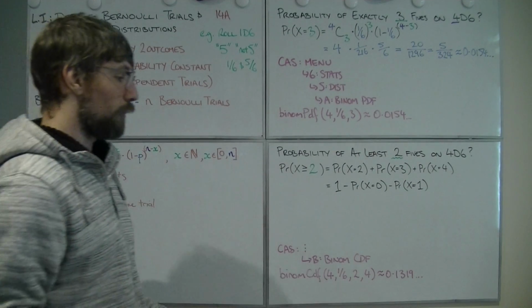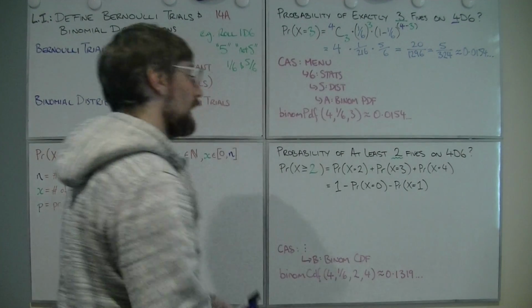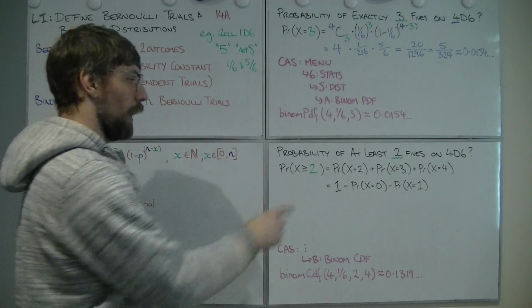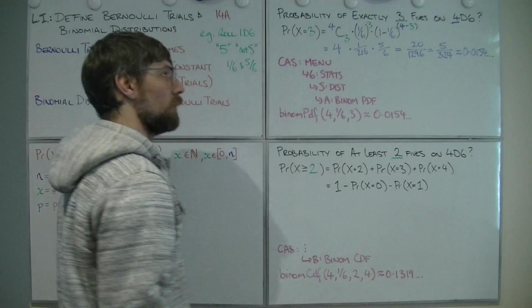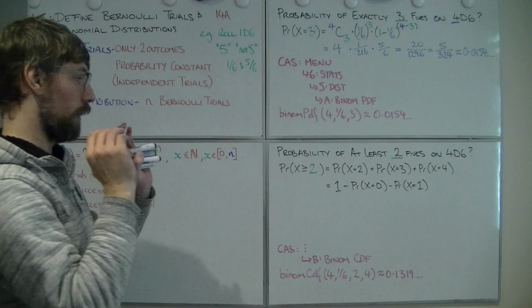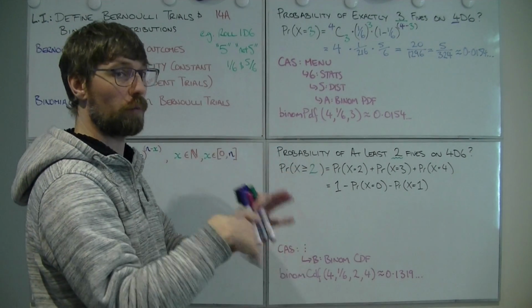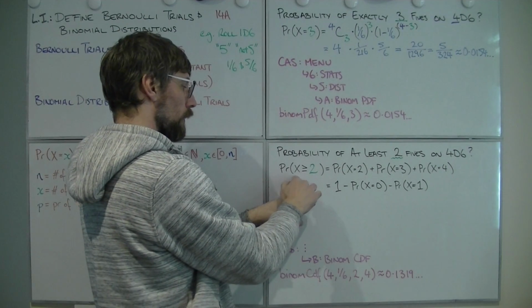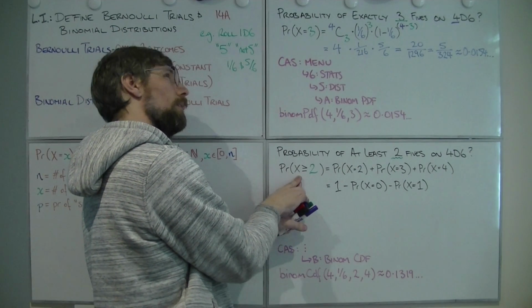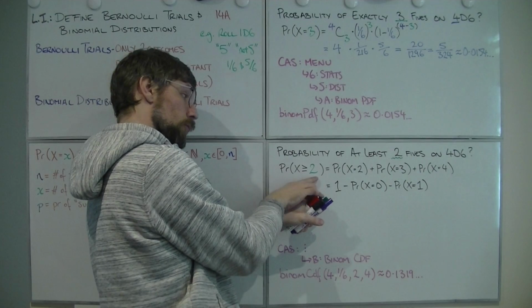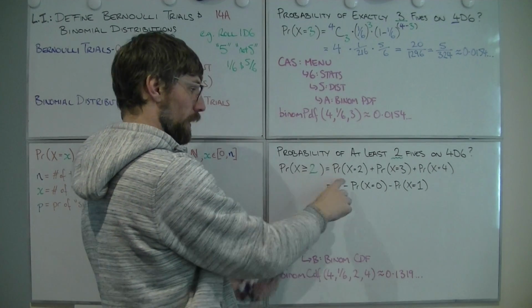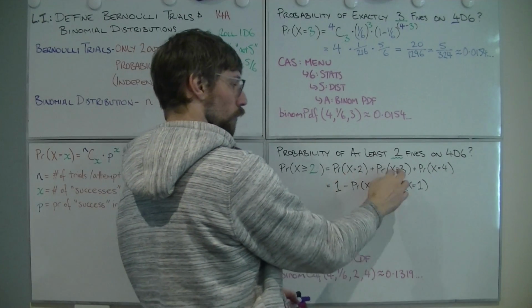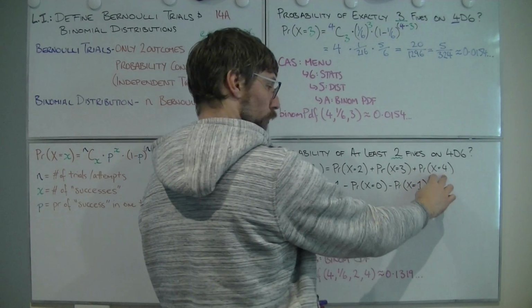We could take this a step further and go, well, hang on, what if I want at least some number? So at least 2 5s on 4d6. I might get 2 5s, I might get 3 5s, I might get 4 5s. Okay, great. Well, probability that my variable is greater or equal to 2 of these. Well, one way of thinking of it was what we just said, getting 2, or getting 3, or getting 4.